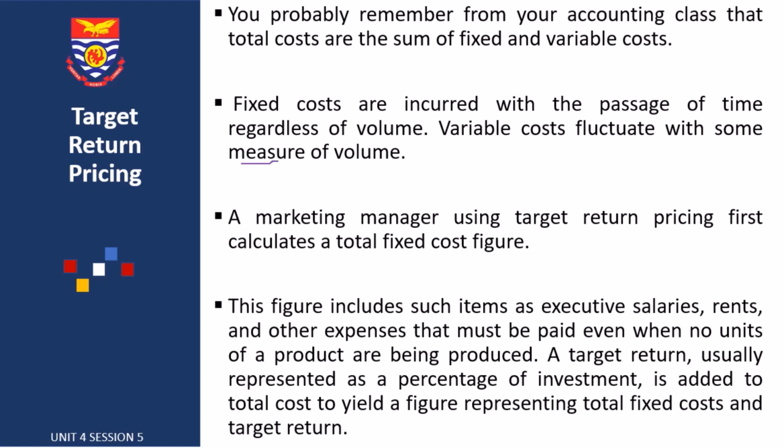A marketing manager using target return pricing first calculates the total fixed cost figure. This figure includes such items as executive salaries, rent, the cost of machines, expenses that must be paid even when no unit was produced. So you talk about depreciation, the rent, the bills.